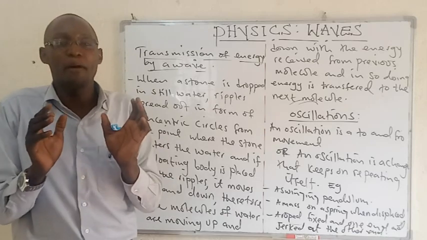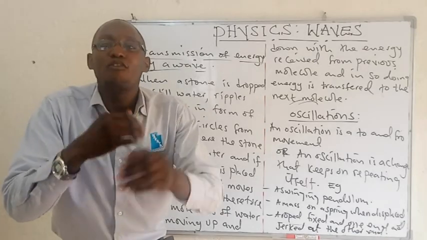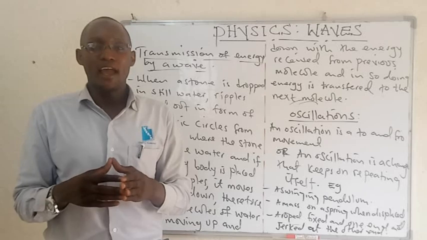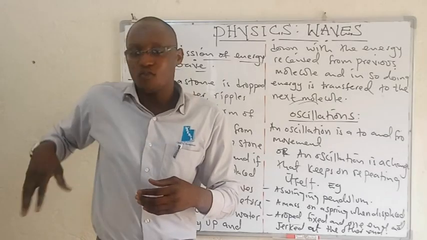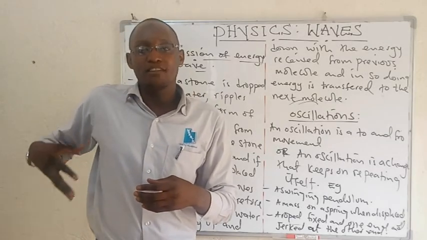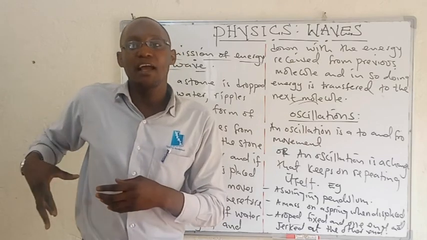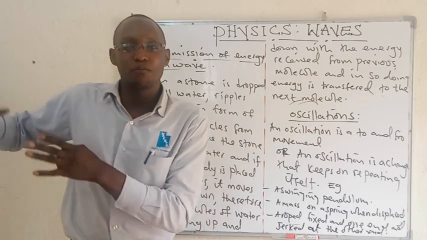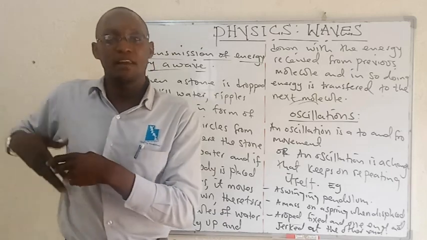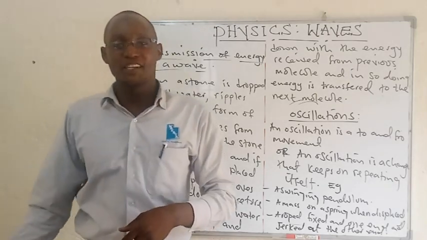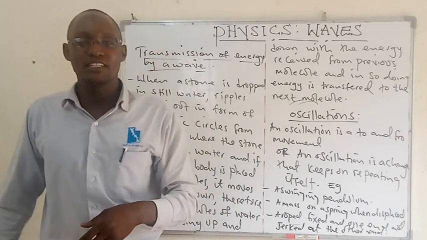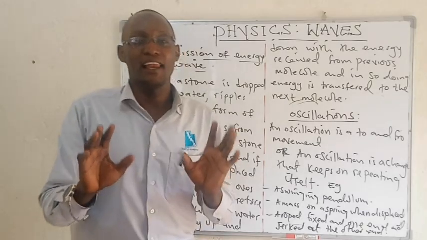That's what we mean by a wave motion. The energy is being transferred into the medium, but the medium itself is not moving. It is not permanently displaced. It is just the energy which is moving through the body. So that is a live example.